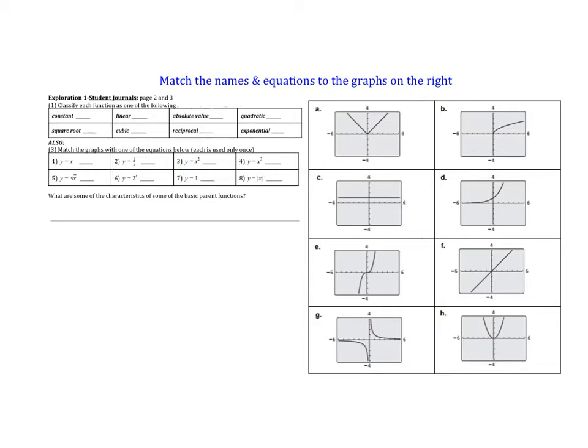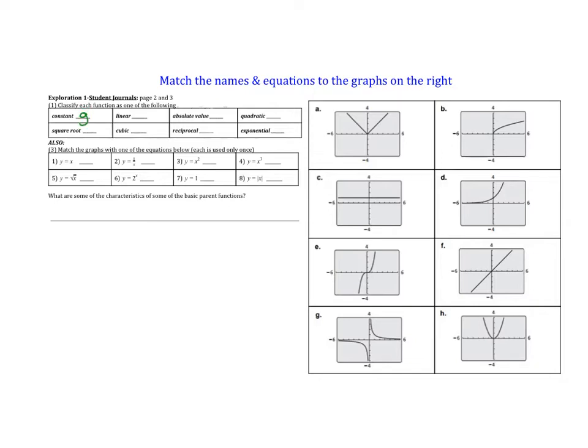So I would like you to take a moment, pause the video, see what you can figure out from what you remember from previous math classes, and see if you can try to match the name to one of these here. So for example, let's say constant. You look at this and you say, okay, I think the constant is G. Now, I'm going to tell you it's not G, but if you thought it was G, then you write G here.